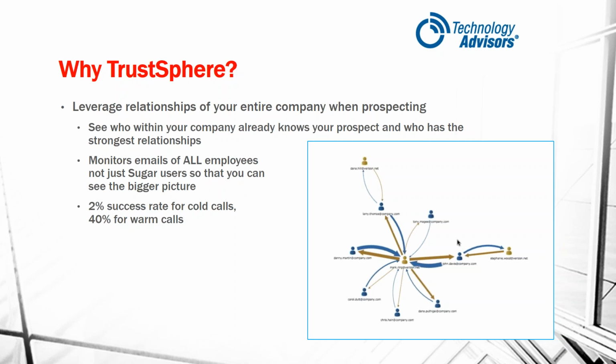In addition, TrustSphere is looking at your email server, so it's monitoring the emails of all of the employees in your company, not just the Sugar users. So if you have a small team of Sugar users at an extremely large company, you could get access to warm introductions.